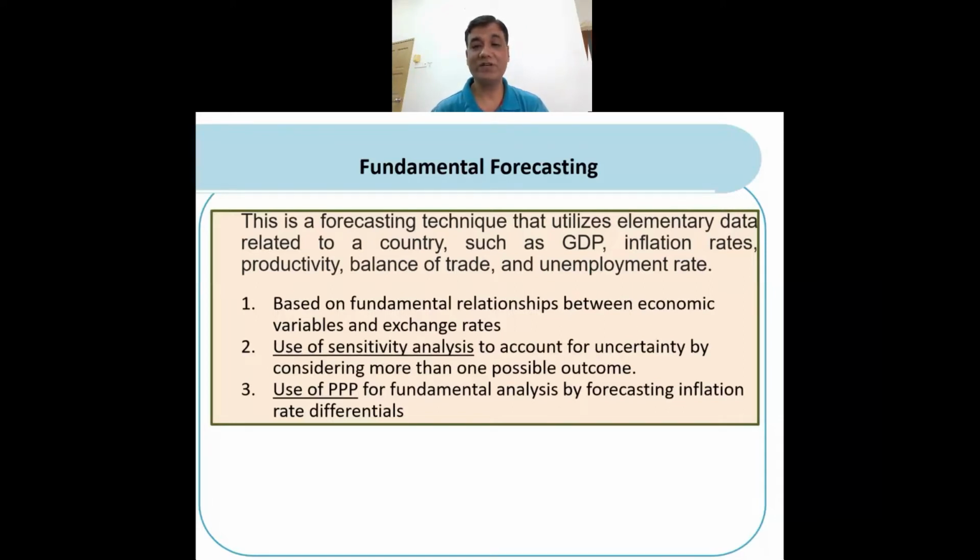But here we use most of the economic and political data to forecast the future. So we are using fundamental data such as GDP, inflation rate, productivity, balance of trade, unemployment rate, and many other factors we take into account in this method.